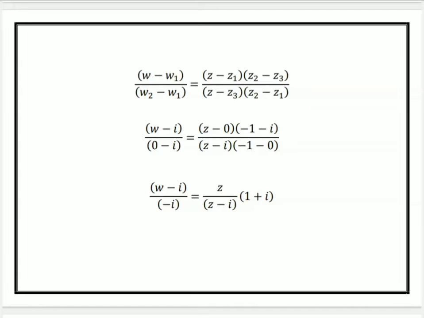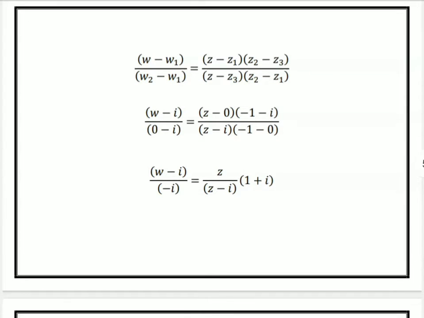Just substitute the w1, w2 and z1, z2, z3 values in this equation, so you get (w - i) divided by (0 - i) equals (z - 0)(-1 - i) divided by (z - i)(-1 - 0).